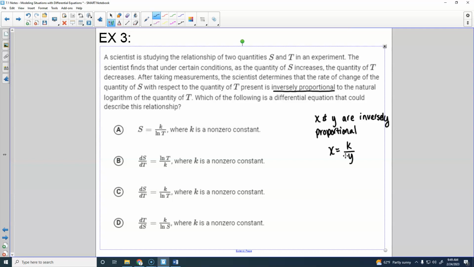So you can see that you've got a K over something for a lot of these. Knowing what I just told you right now, which one would you throw out? I would, just looking at this, I'd throw out B because the K is on the bottom.